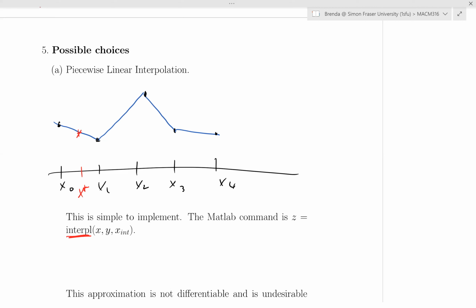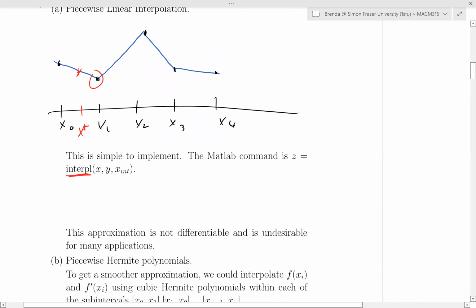What is lousy about this is that it's not differentiable. At all of these points, the interpolating function you made is not differentiable at these little corners. So that is potentially undesirable.